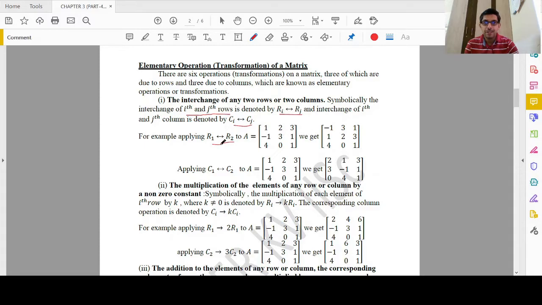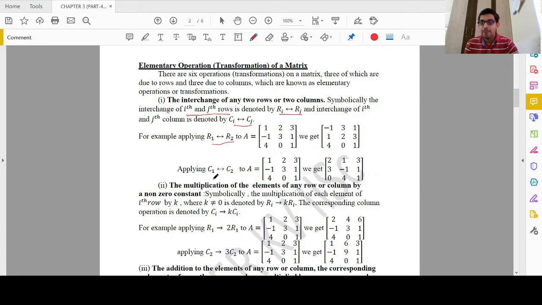Similarly, if C1 interchanges with C2 is applied to A, the first and second columns get interchanged. So the first column becomes the second column and the second column becomes the first column. So this is the first of the elementary transformations, that is interchanging any 2 rows or any 2 columns.